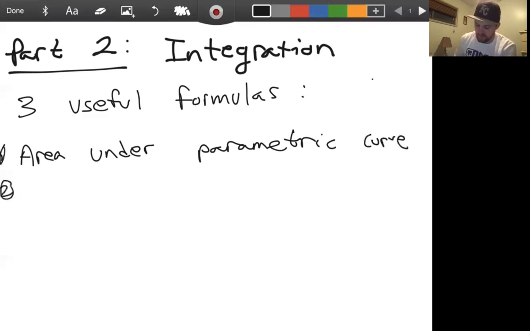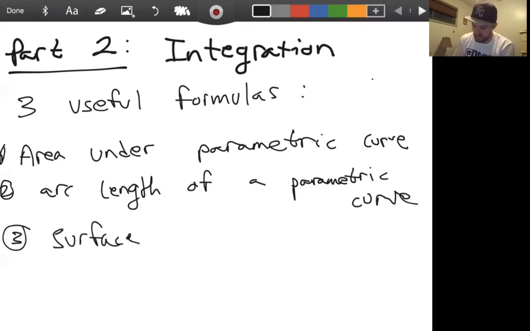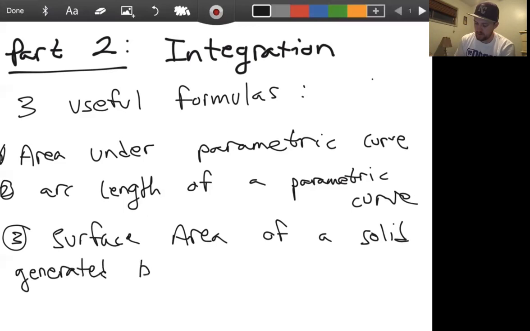The second one is going to be the arc length of a parametric curve. And then lastly, we're going to talk about the formula for finding the surface area of a solid generated by rotating a parametric curve.